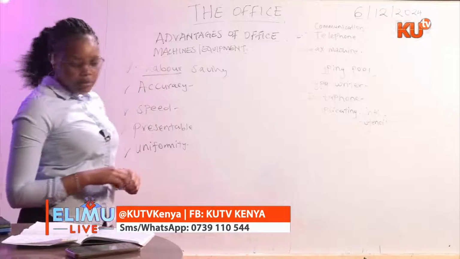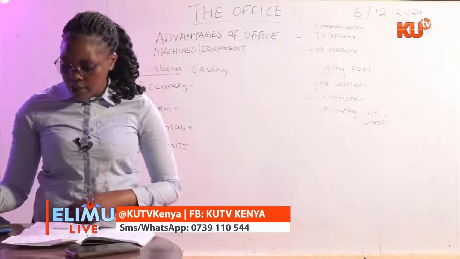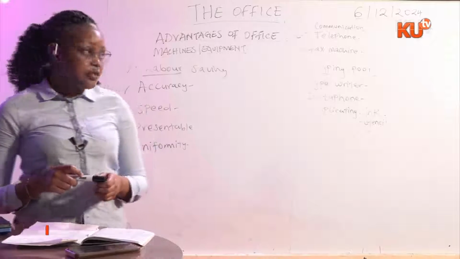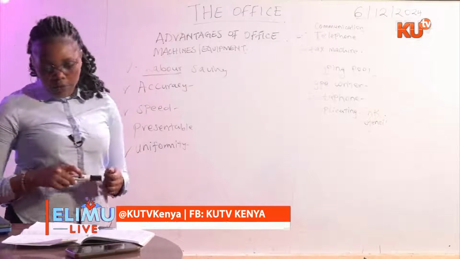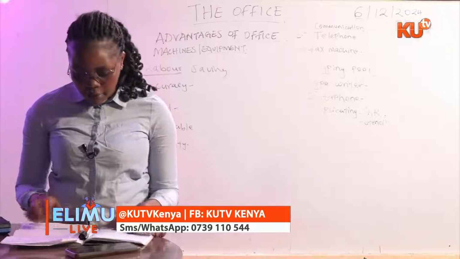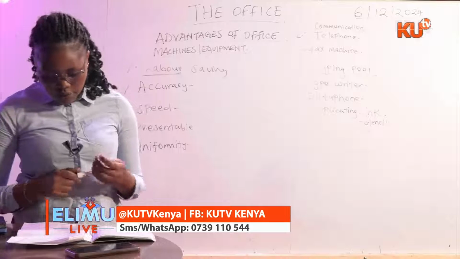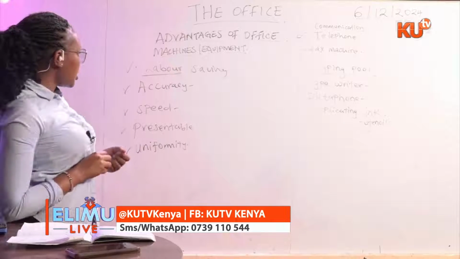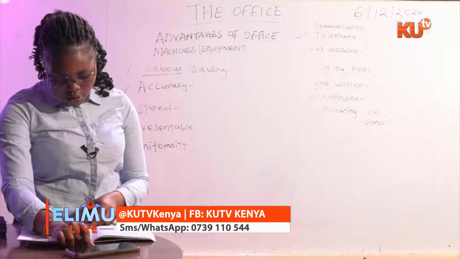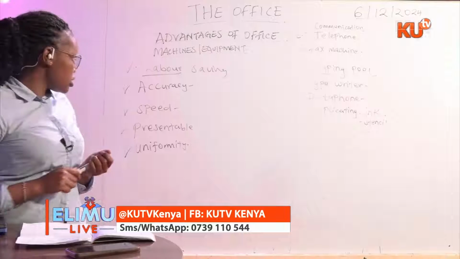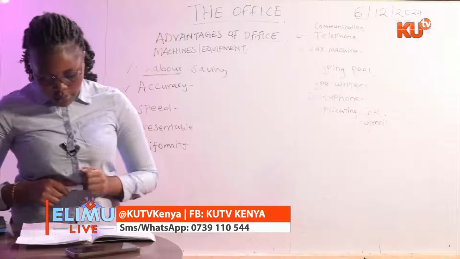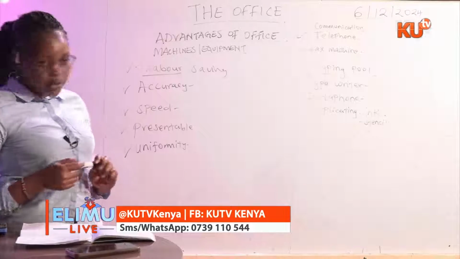When you're using office machines like computers, and now that there is a development of technology, it helps us identify and reduce cases of fraud in our working areas. Also things like scammers, we are able to identify them by use of machines. Due to the current developments in technology, life has been much easier by use of machines. So those are the advantages or the merits of office machines or equipment.